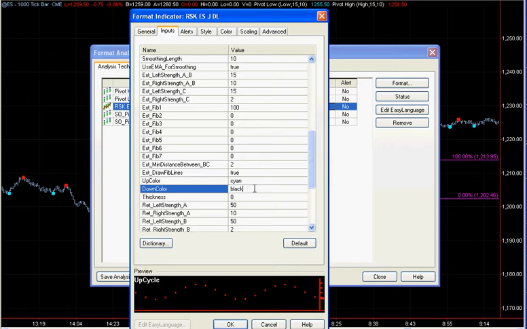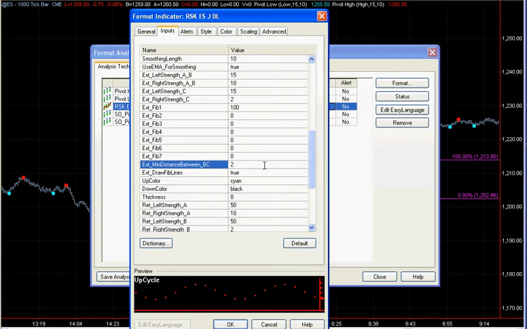Now, there's one other aspect to this that we have not mentioned previously. There needs to be at least a minimum distance between point B and C in order to draw the lines. This minimum is expressed in the actual number of what the point spread is between those 2 pivots.